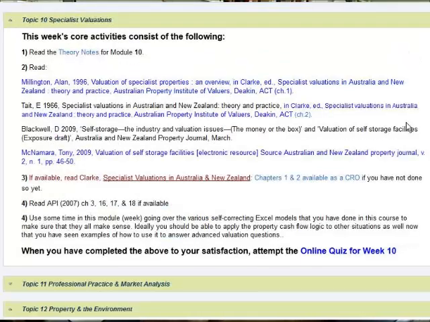We move then to topic 10, which specifically looks at specialist valuations. Now, we've already covered a couple of specialist areas. That was in plant and machinery valuation and the valuation of land affected by customary rights. But in this module, we look at the more general area of specialist valuations. What do we mean by specialist valuation?